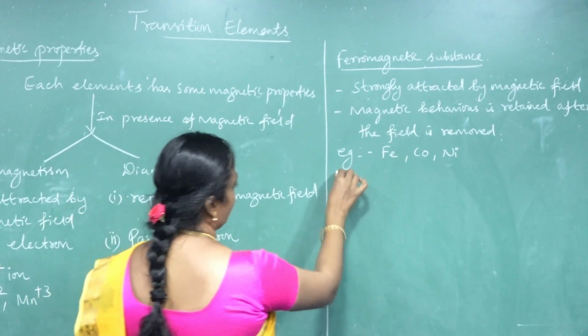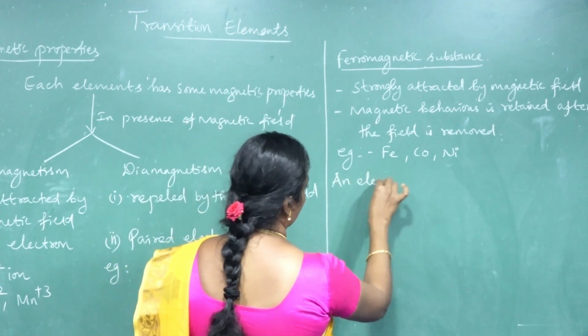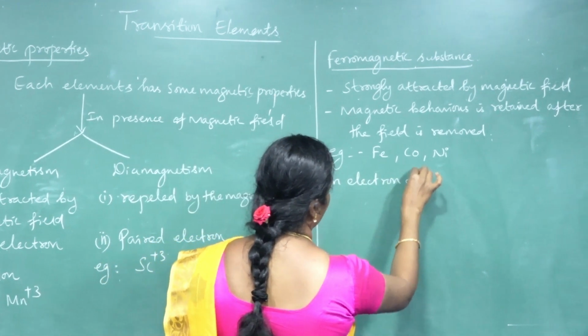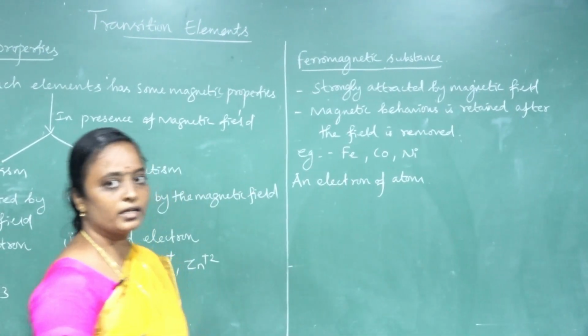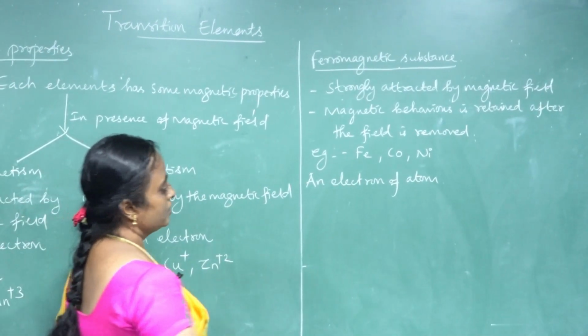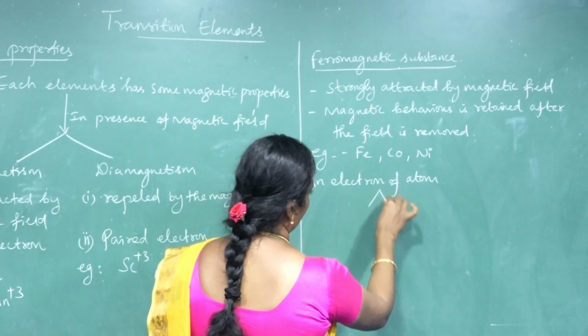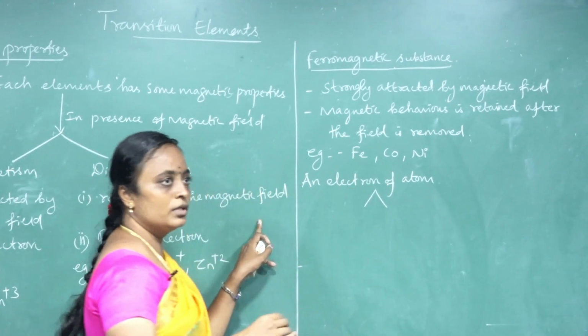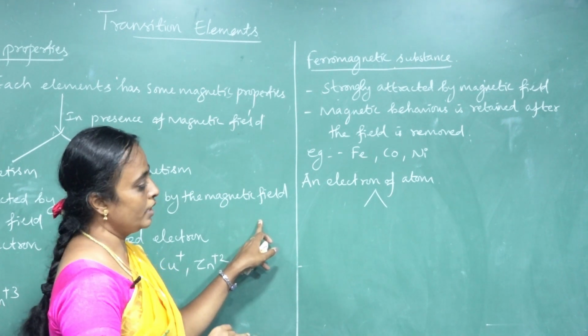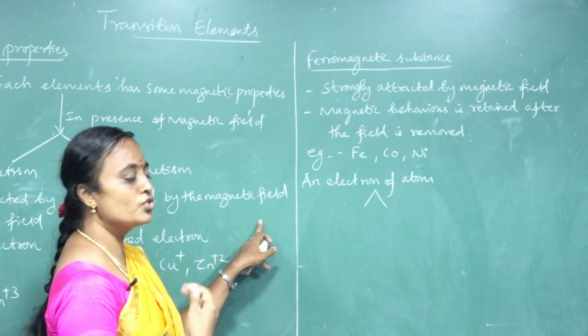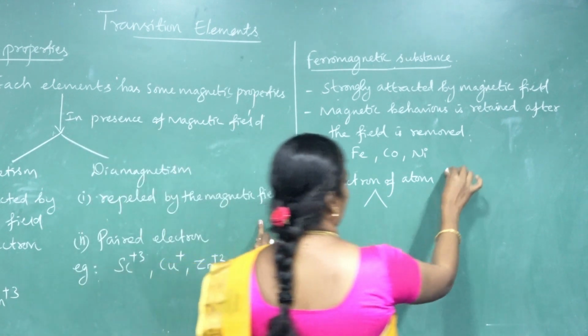Next, if I consider an electron of an atom, it has two types of behavior. One is how it rotates in the orbital; that rotation is nothing but the motion of the electron.